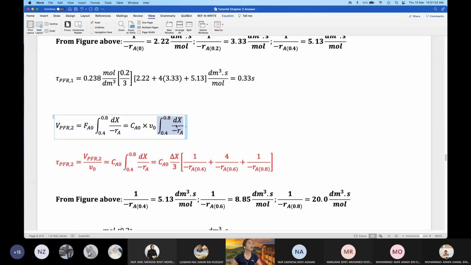Then next, I will move my initial volumetric flow rate from right to left. You remember mathematics: if you move it from one side to the other, what is on top becomes the bottom. It becomes a division. That is why it becomes volume PFR2 divided by the initial volumetric flow rate. So volume divided by volumetric flow rate gives the space time for the second reactor.